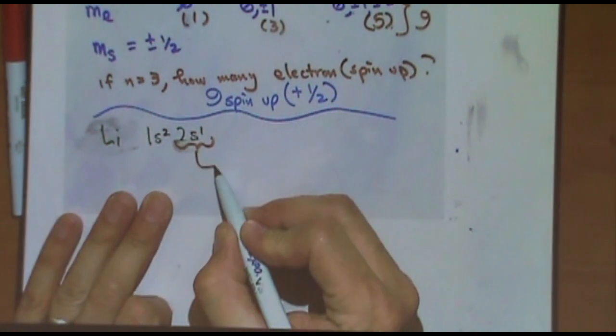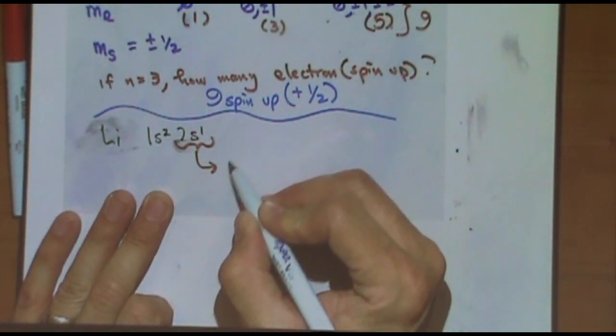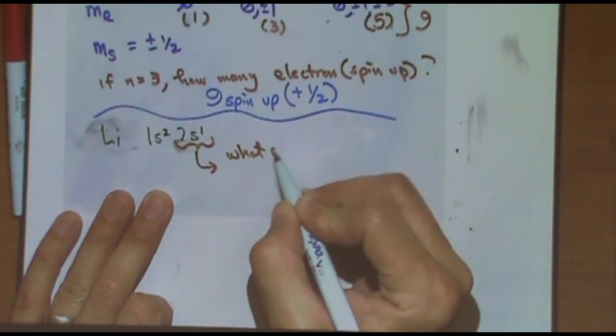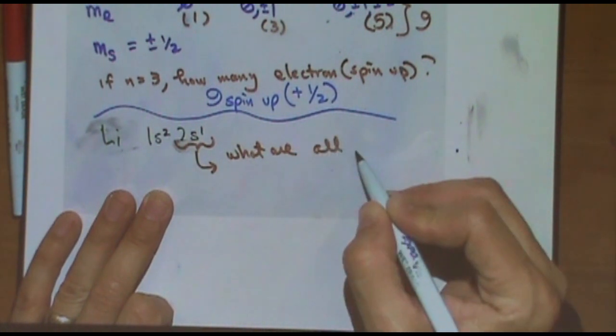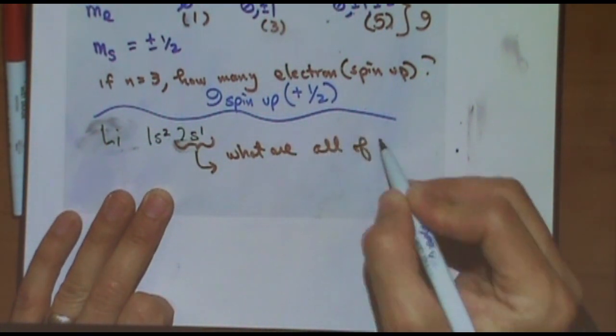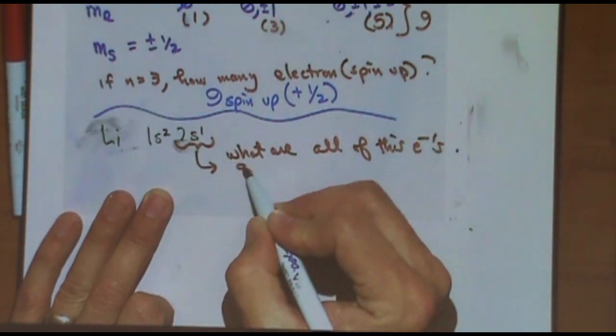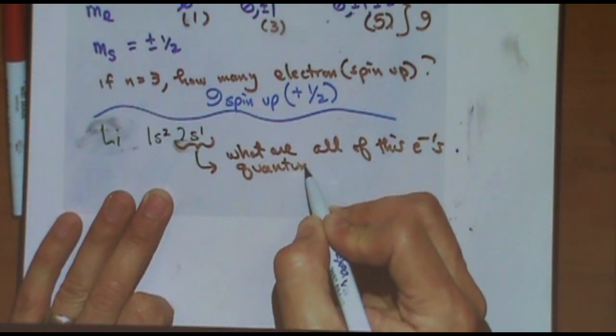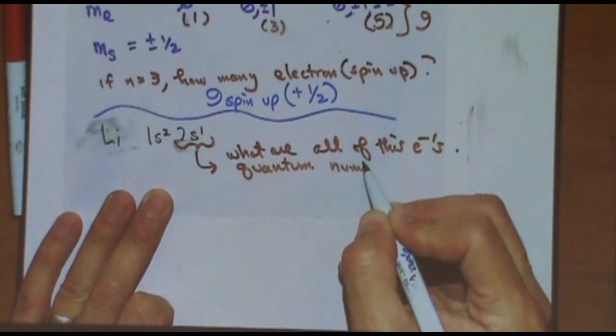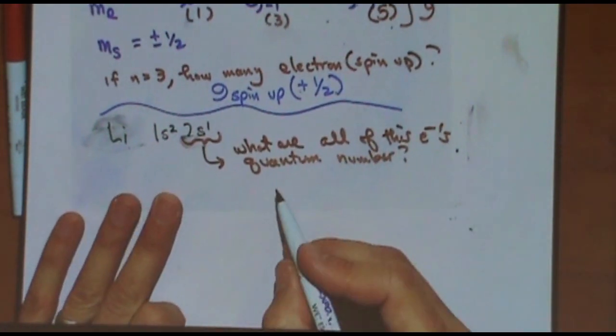Let's say I took this electron here, and I wanted to know what are all of this electron's quantum numbers? This is another way to ask a quantum number question.